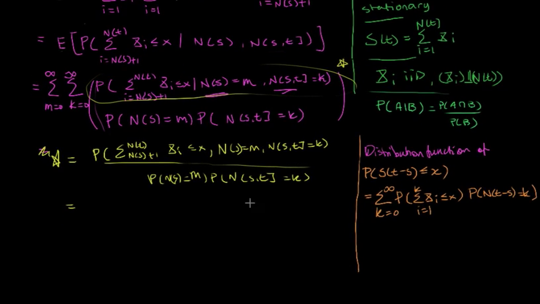Because let's just look at this. What can we do? Well, the event here intersected with this event here is the same as the event that we plug these values into the summation.